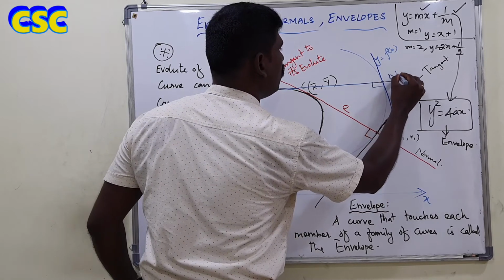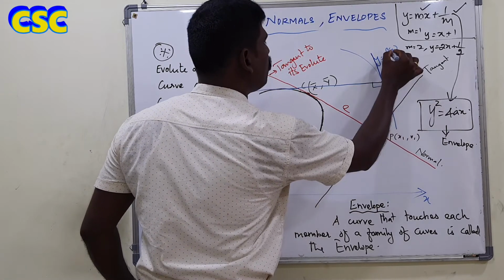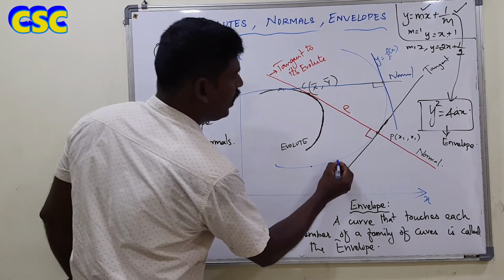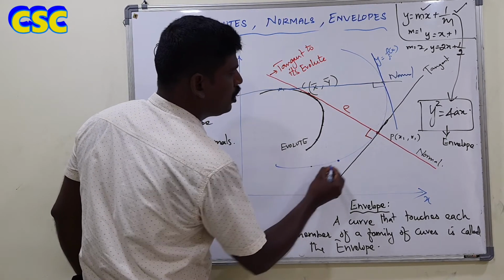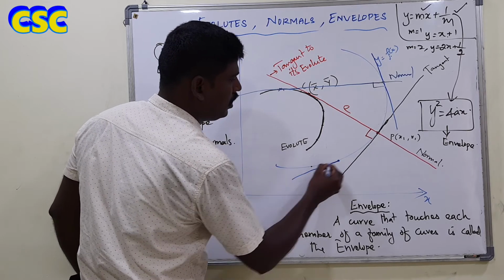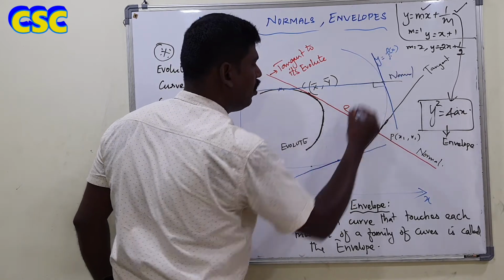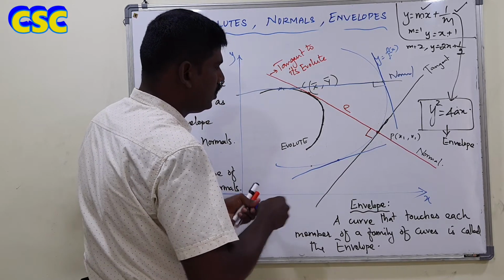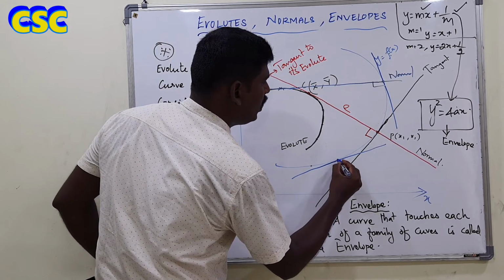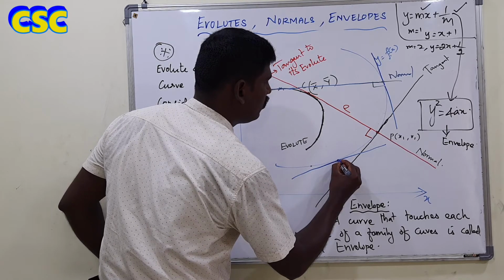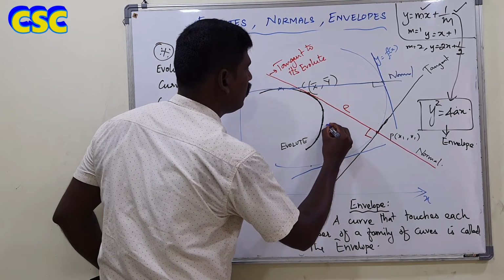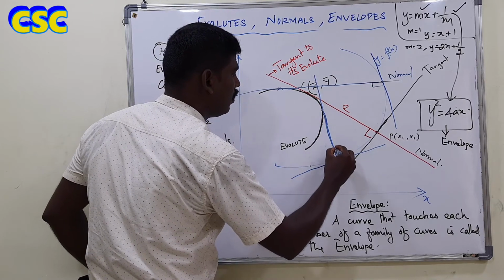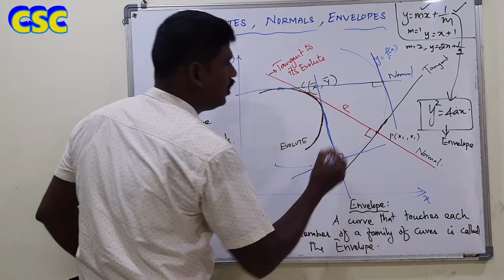This normal to the curve touches the evolute at only one point, isn't it? Similarly, can we draw a normal to this point? Yes. This is a tangent at the point to the curve y equal to f of x. Now I am going to draw a normal through this point. So it is perpendicular to the tangent. It is like that, isn't it?